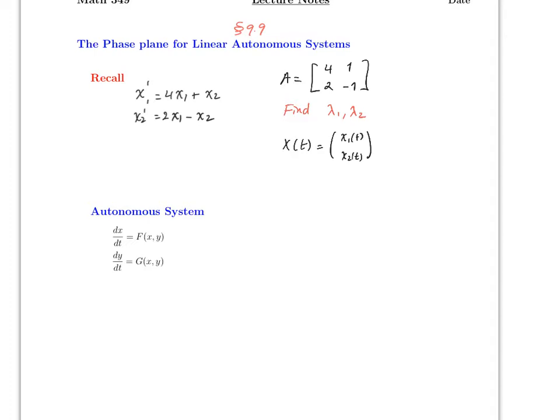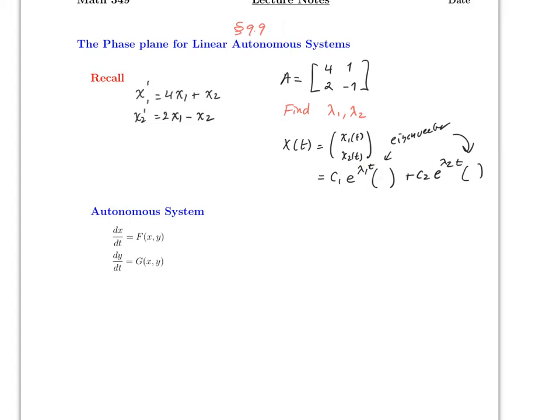equals c1 e to the lambda 1 t times some eigenvector, and then c2 e to the lambda 2 t and another eigenvector.